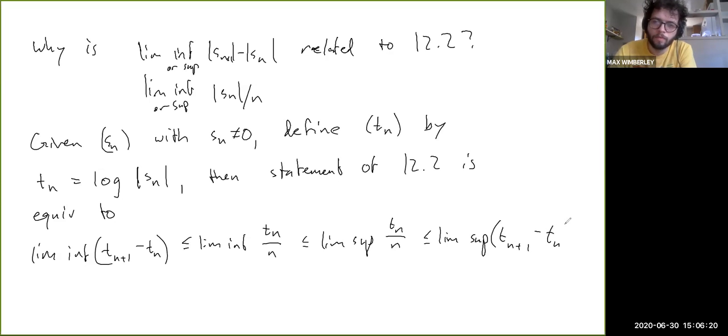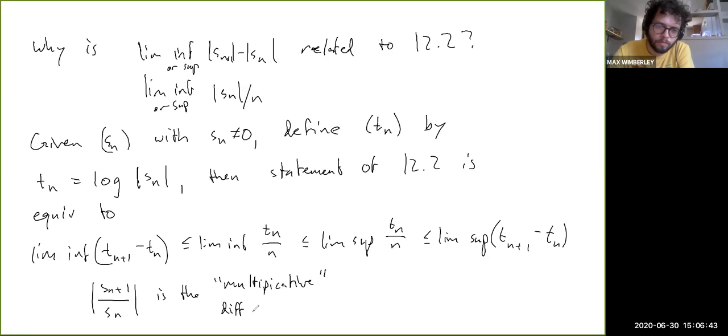Basically, Sn plus 1 over Sn is the multiplicative difference, or geometric difference.